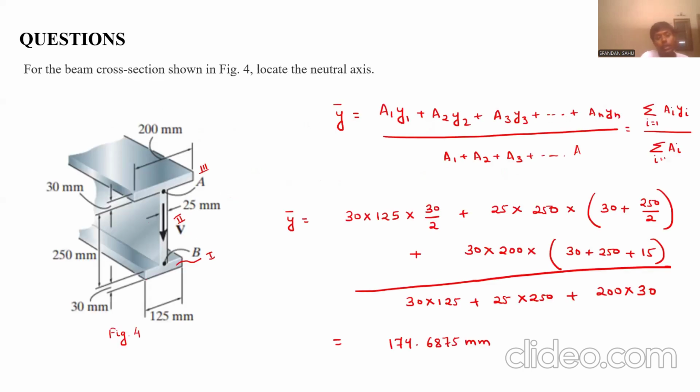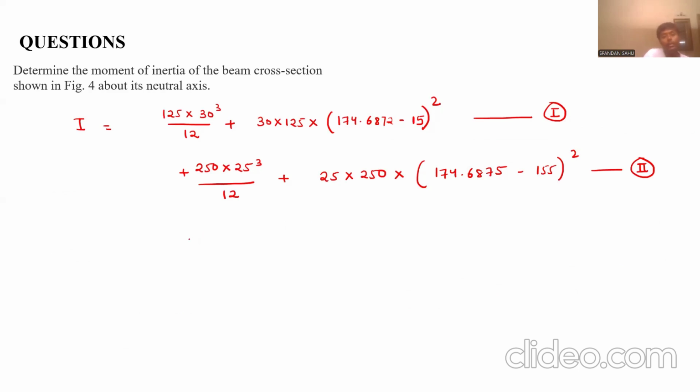It will be 200 into d cube by 12, plus the area, which will be 200 into 30, then the difference of the distance between the centroidal axis and the neutral axis.